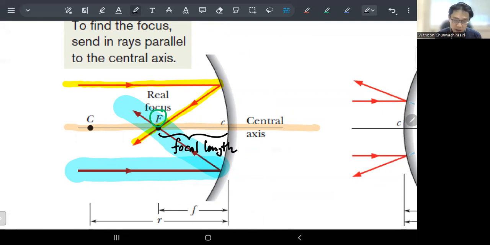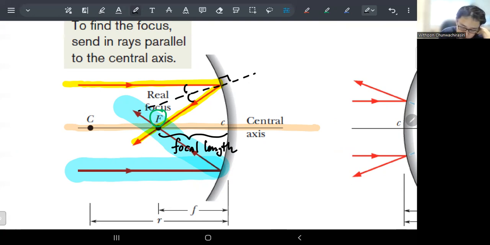Now by the law of reflection, don't forget we have to draw the normal line, and the incident angle equals the reflected angle. Everyone cool with this? Now think about it: you draw a normal line to a sphere or a circle. Where does this normal line go?